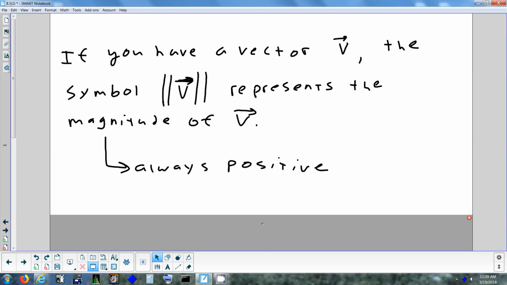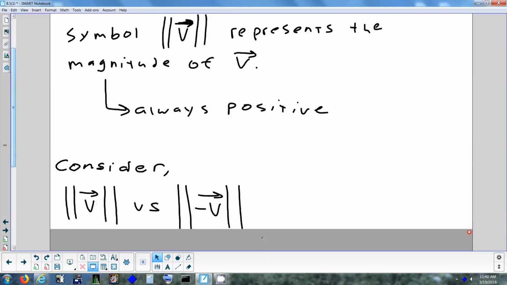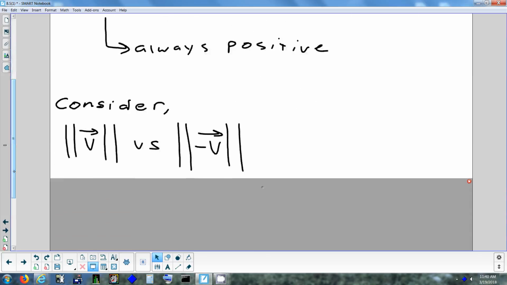If you measure the distance from here to Boston and Boston to here, it's the same distance, assuming you could fly. You might have to take different roads if you had one-way streets or something like that. But assuming you could fly, same distance, positive. So what would be the difference between the magnitude of v and the magnitude of negative v?